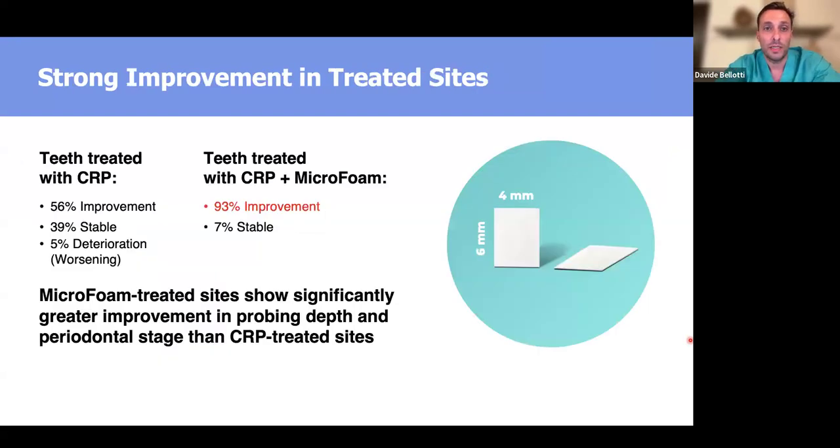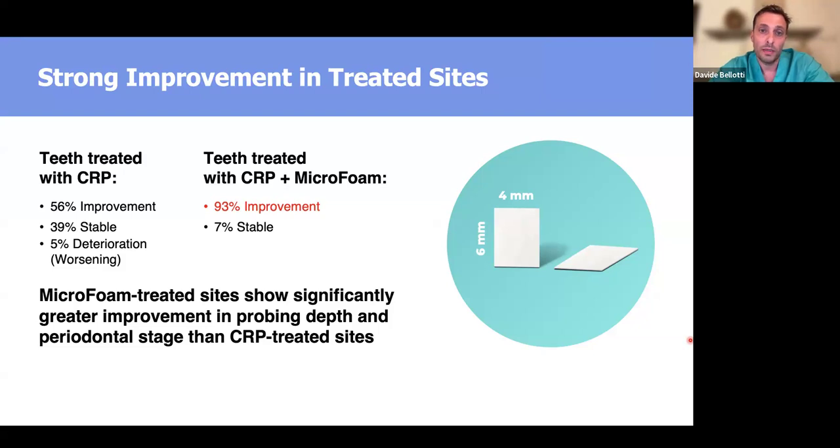What we see in the treated sites is that of the teeth treated with CRP alone, 56% improved. So we know that closed-root planing helped a bit, not in every case. 39% of the cases were just stable, and 5% were already deteriorating after 90 days.